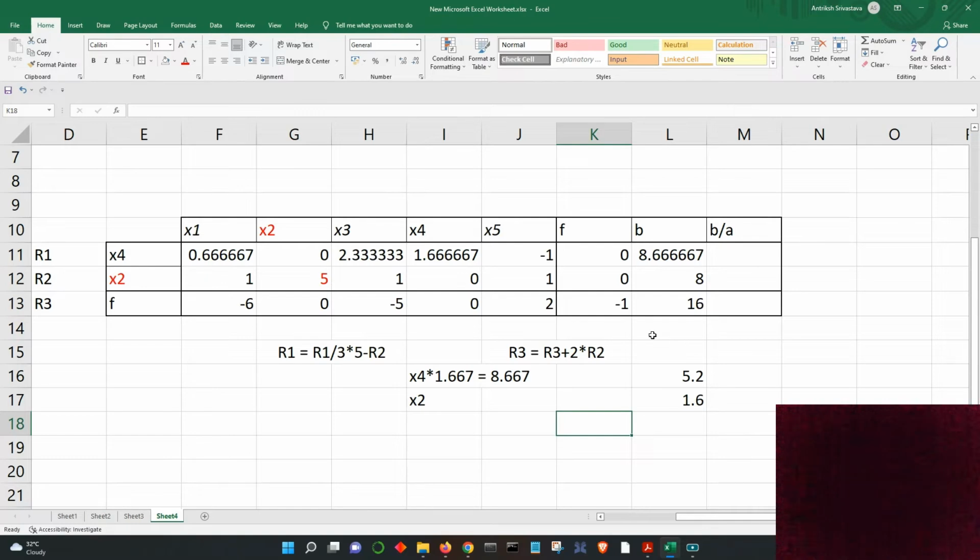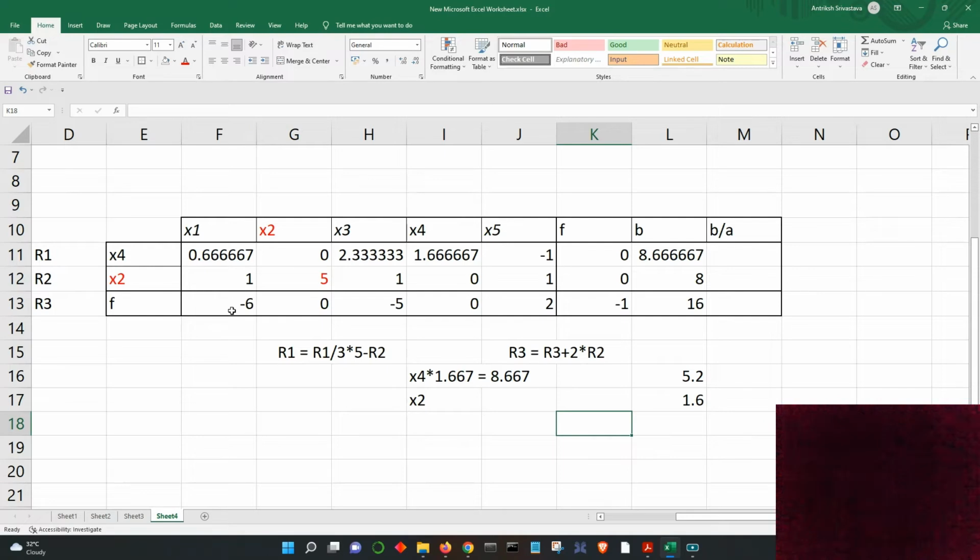Use the same concept. Multiply these things with the variables and tell me the value of f. Okay, let's do it together.